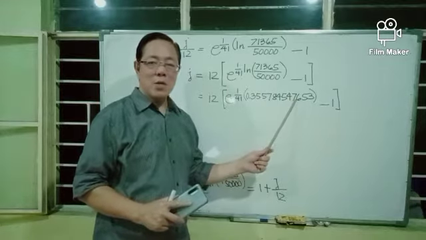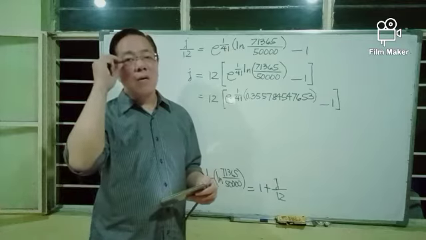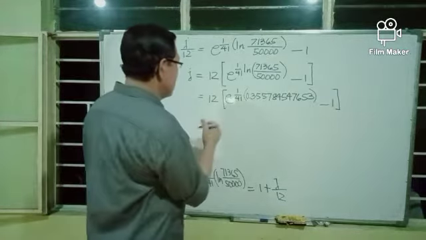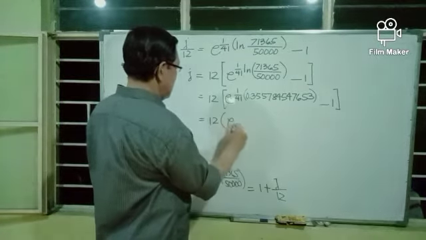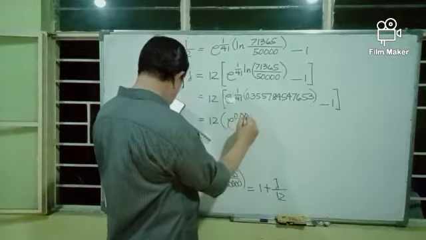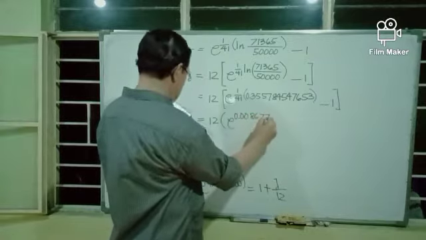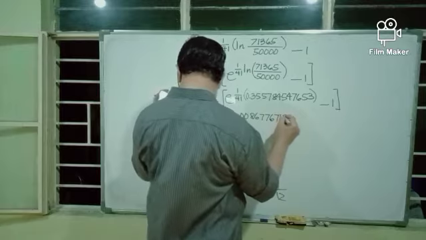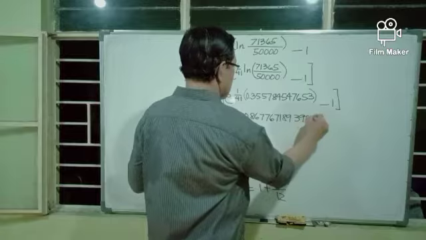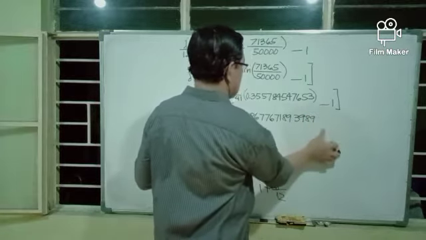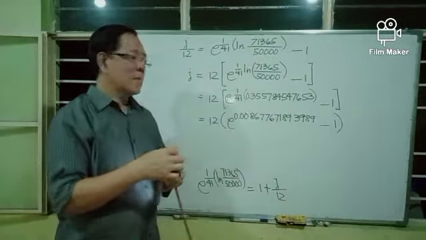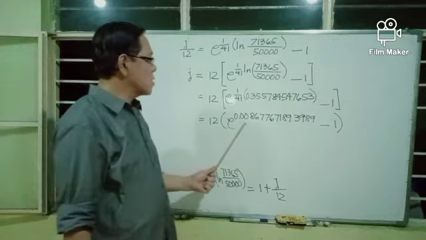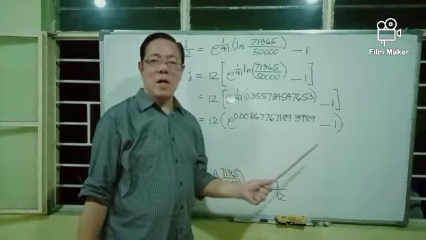Divide that by 41. You should get this decimal number, 0.0086776. You write all the decimal numbers from your calculator.